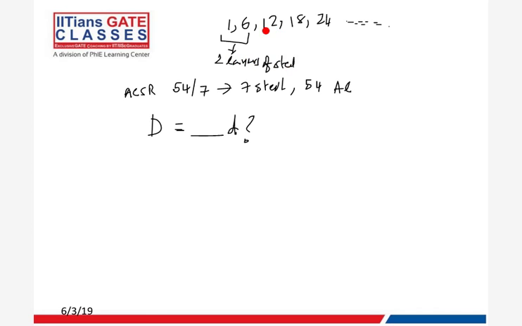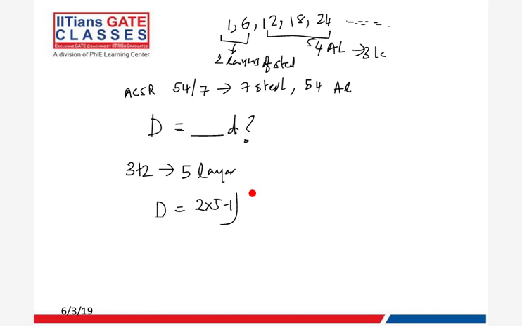Then 12 plus 18 is 30, plus 24 is 54 aluminum, that is 3 layers. So effectively 3 plus 2, 5 layers, right? So D would be (2 into 5 minus 1) D, that is 9D.